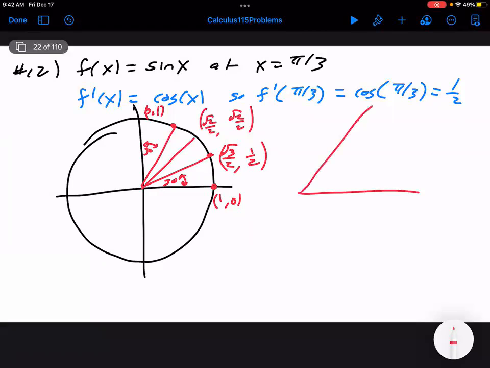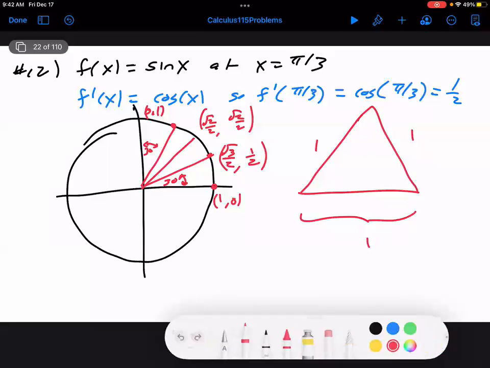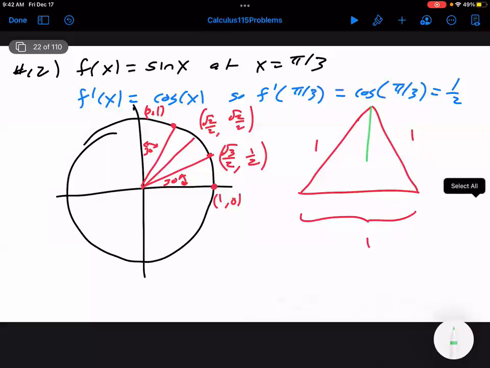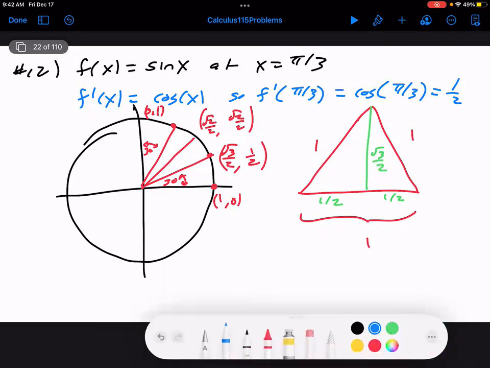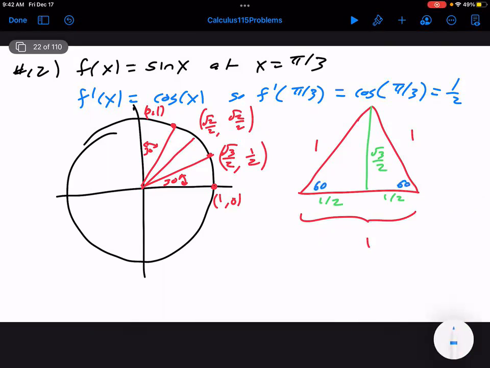So if I give you an equilateral triangle, 1, 1, 1, if we now cut it in half, actually, I guess let's use another color. We have so many colors. If we cut it in half, each part of the base is 1/2, and then by Pythagoras, this is root 3 over 2. This angle here is 60 because it's an equilateral triangle, so these two angles up here must be 30.